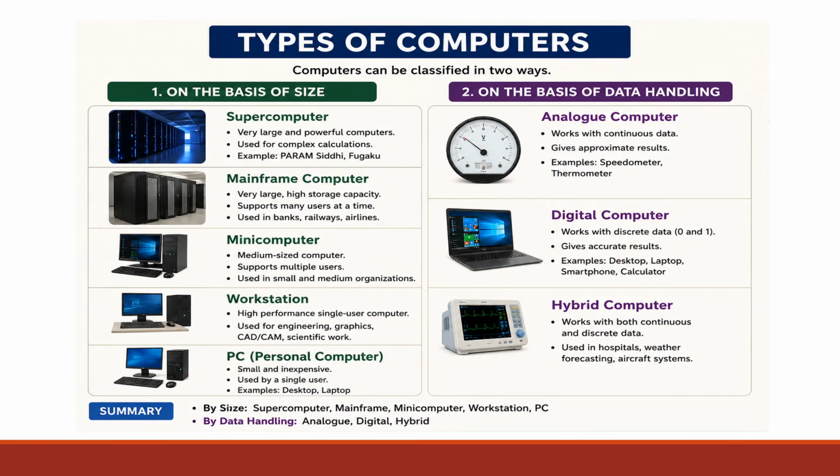And next one is here, these are the types of computers. It's again a very important topic. Computers can be classified in two ways. We are having two categories here. First one is on the basis of size, and second one is on the basis of data handling.